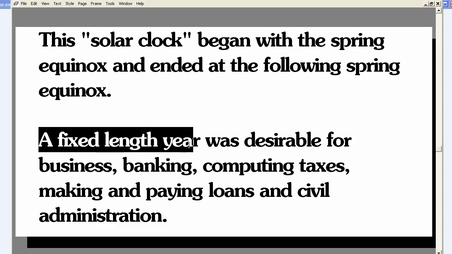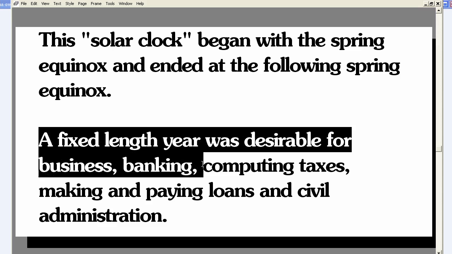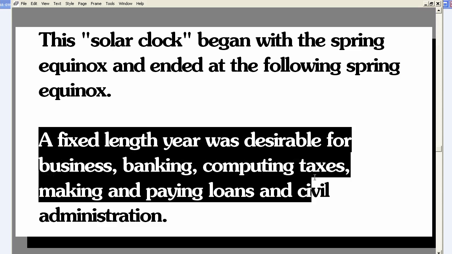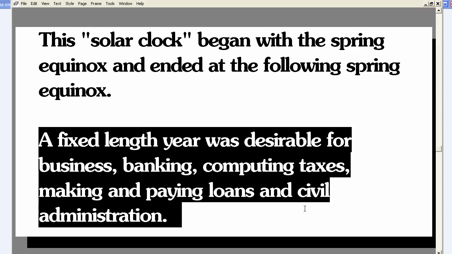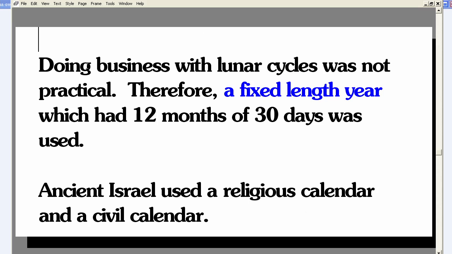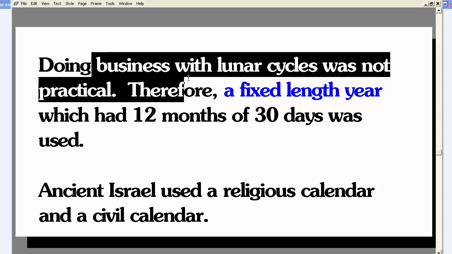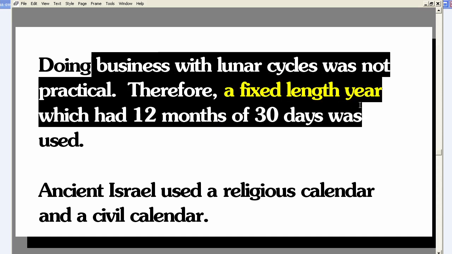A fixed-length year was desirable for business, banking, computing taxes, making and paying loans, and civil administration. Doing business with lunar cycles was not practical. Therefore, a fixed-length year, which had 12 months of 30 days, was used.